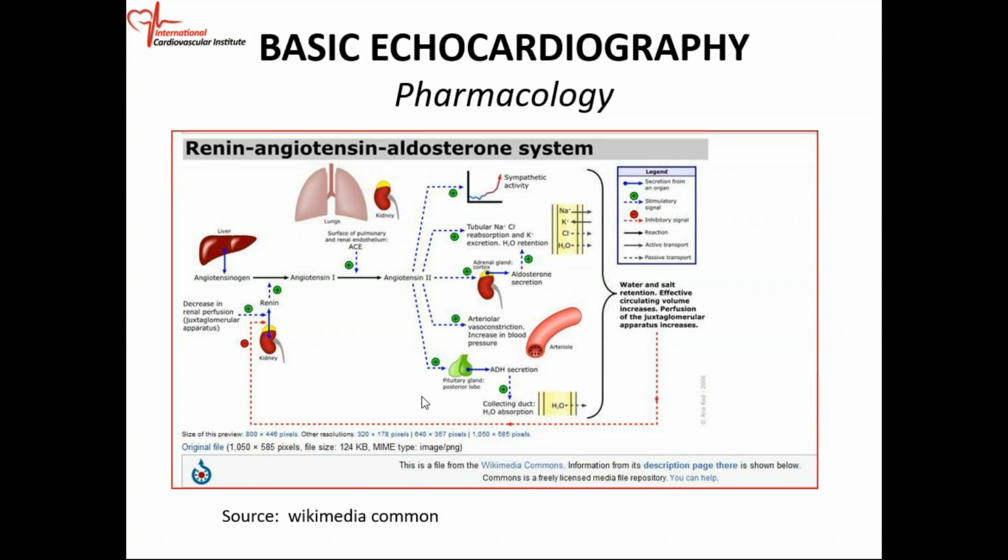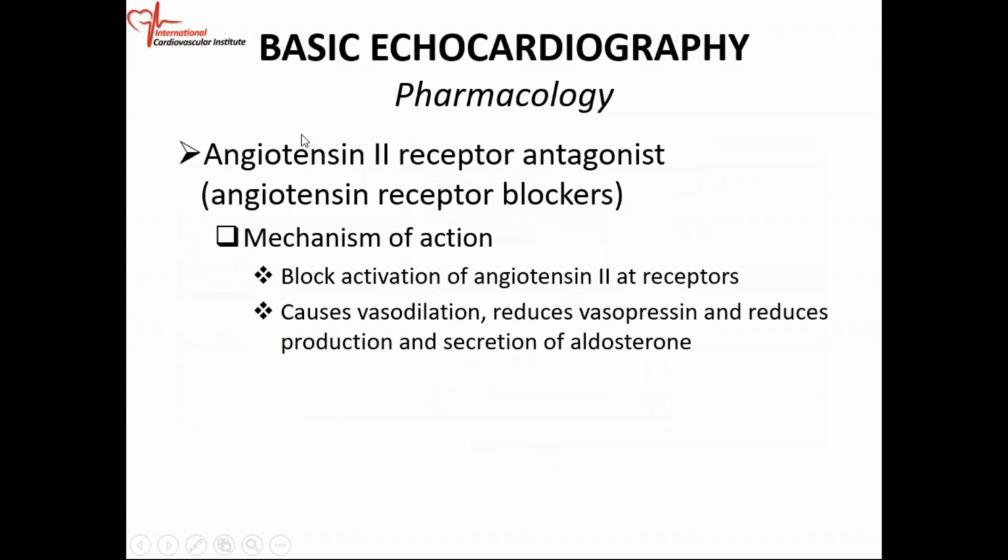Okay, so your angiotensin 2 receptor antagonist, again, examples of that are your losartan, your valsartan, okay? It blocks the activation of angiotensin 2 at the receptors, and we just showed you how that works.